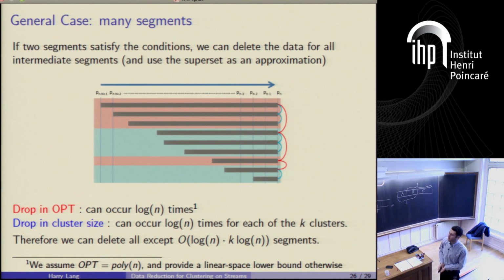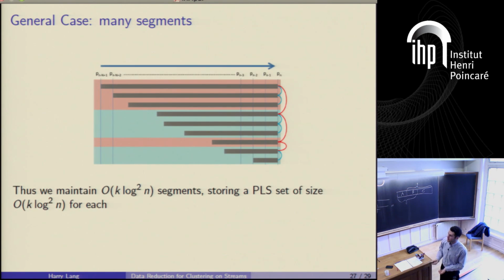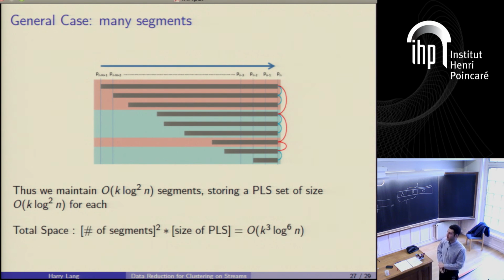Okay? And we delete all the other ones. So each one takes k log squared n space, and I said we do it for each pair, so we square it. So in the end, that's where the k cubed log to the 6th n is. And basically every time we get a new point, we start a new bar, a new instance, and we keep doing that, and then every now and then we check to see, are these conditions satisfied by any bars that are not adjacent, further away?